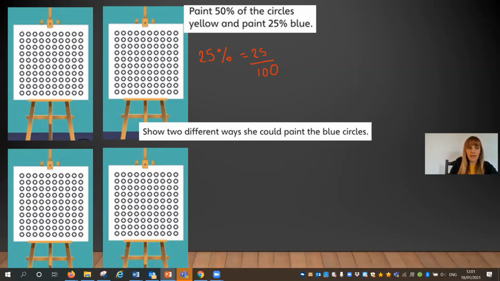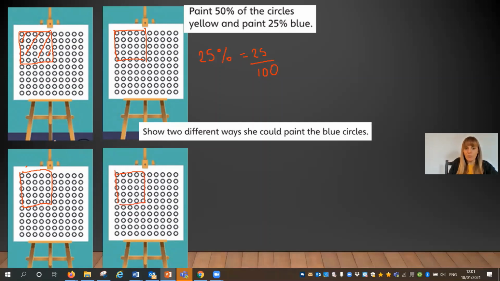So on the first case, we want to shade in 25 out of each of these 100. All of those inside that square there, and it would be the same on every single easel that I'm shading in. So by me doing this, obviously if Sophia were doing this, she'd be doing every different dot, and she would be painting every single dot in blue.